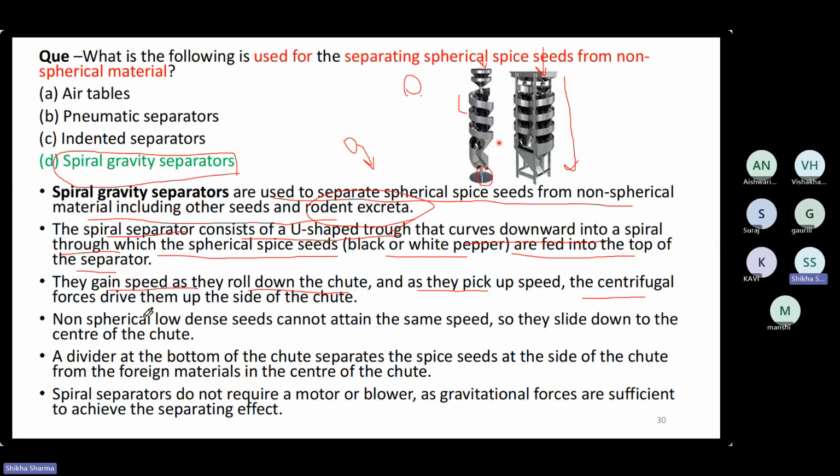The centrifugal force will help to drive them, and the gravitational force will also help them come faster.